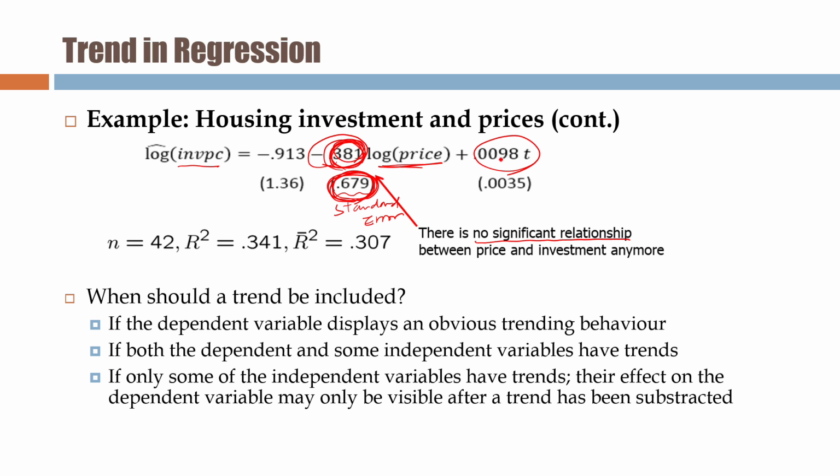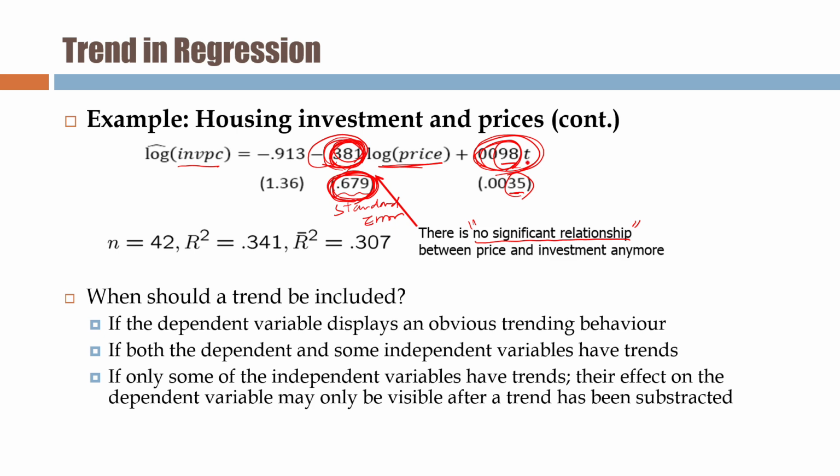However, this one is a 98 versus a 35. This is more than twice this number, so we can say there is an effect. I don't know the p-value, you have to run the regression to see, but I think this one will have a high p-value and this one will have a low p-value. That's why it says there's no significant relationship between price and investment.